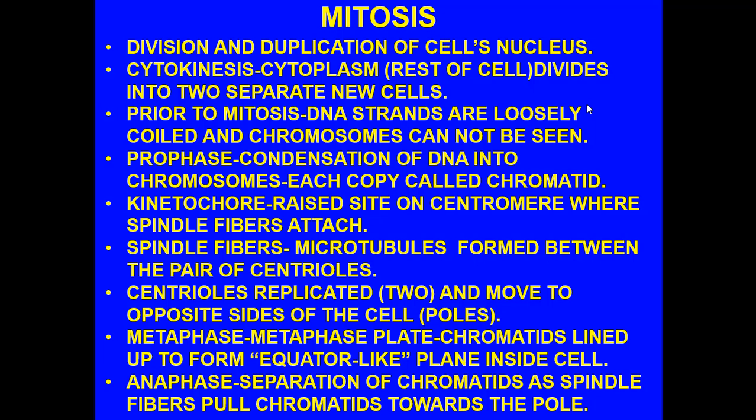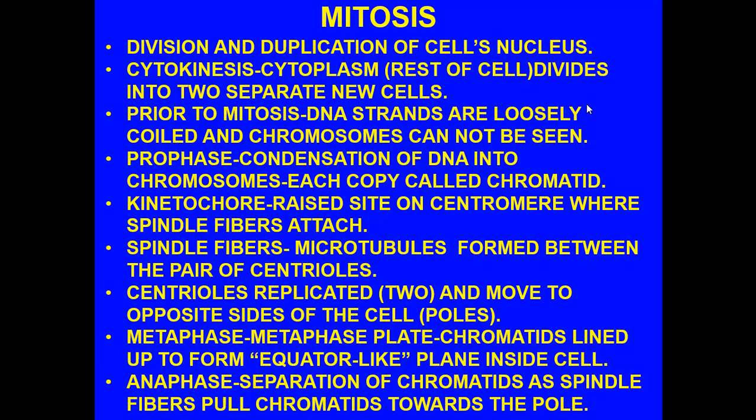You have what is called a kinetochore, which is the raised site on the centromere where the spindle fibers will attach. Wait a minute, what's the centromere? The centromere is sort of this nice little attachment point that holds together the chromosome and its copy.